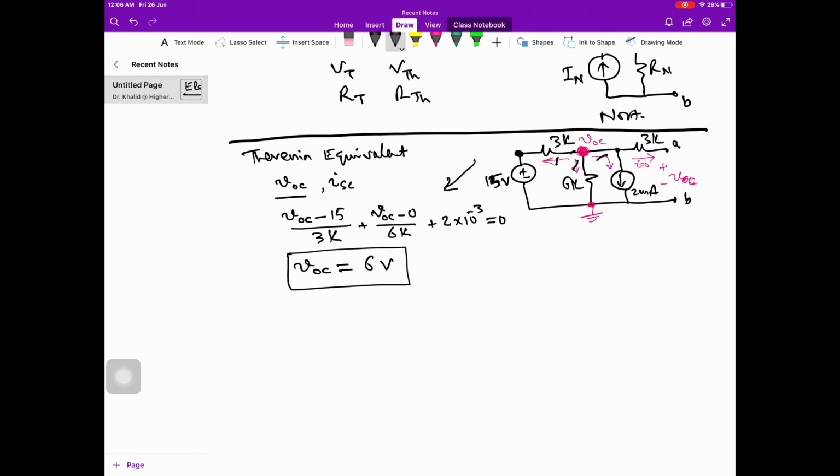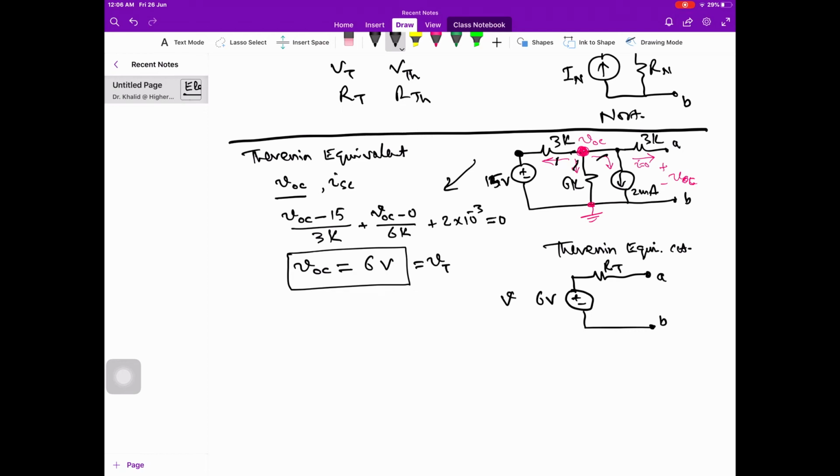And this open circuit voltage, in the Thevenin equivalent circuit, will be known as V Thevenin. So over here this will be 6 volt, as in the Thevenin circuit we have a Thevenin resistance and Thevenin voltage.